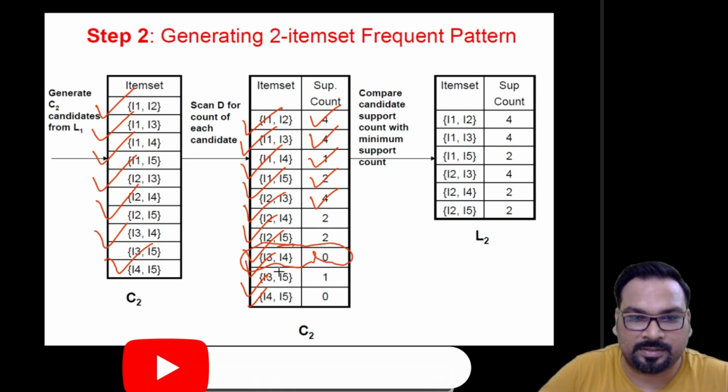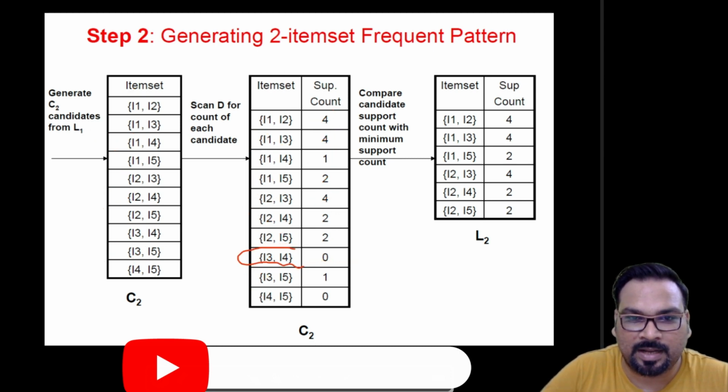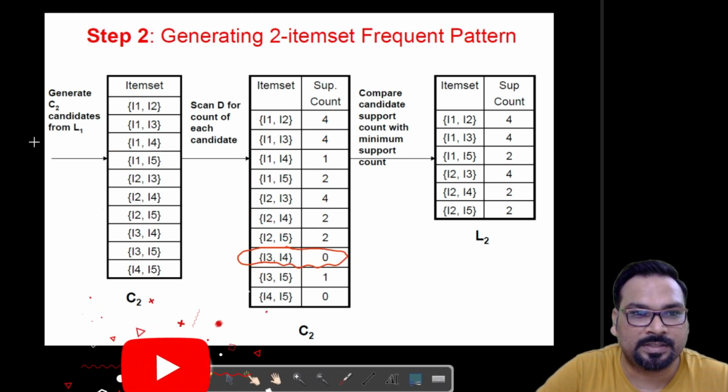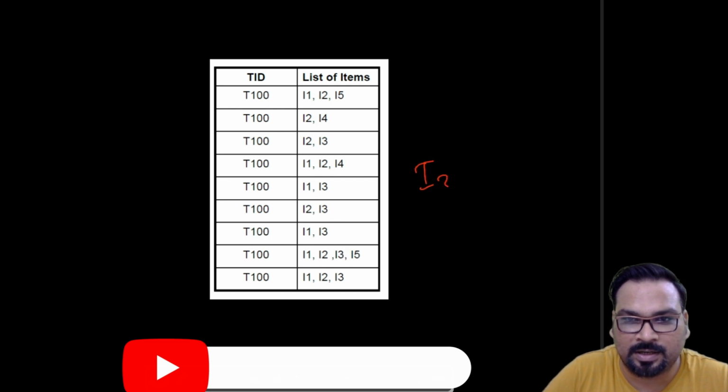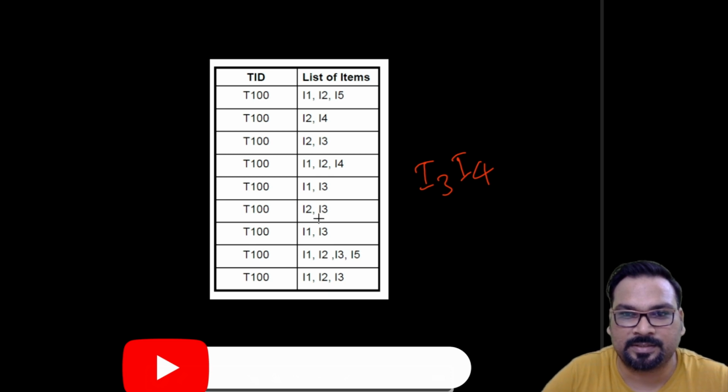You can check, I3, I4 has never happened. You will never find I3, I4 together in this list.